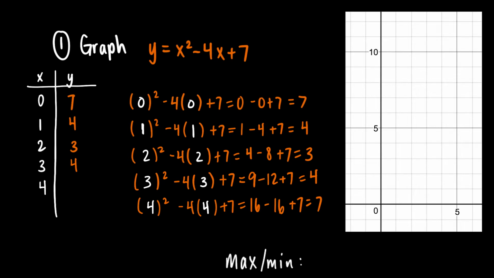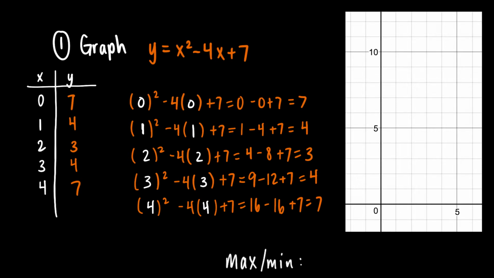So I mentioned symmetry a second ago, and what you'll notice here is if you look at the inputs and the outputs, they have a really nice symmetry. It's 7, 4, 3, 4, 7. It's like it repeats itself backwards when you go down here. And this happens with parabolas. They're symmetrical. So let's go ahead and graph this and see what it looks like.